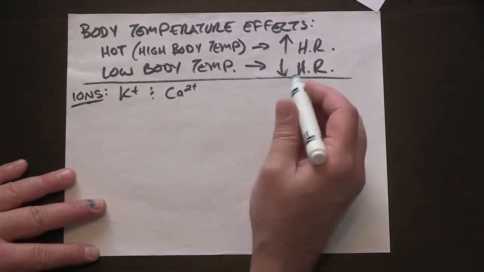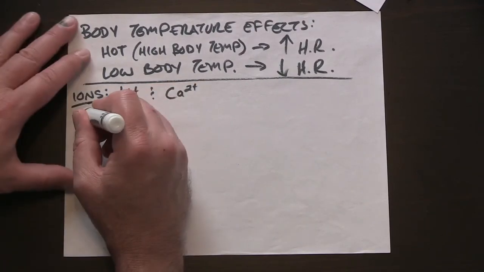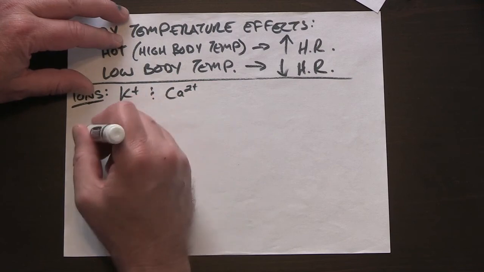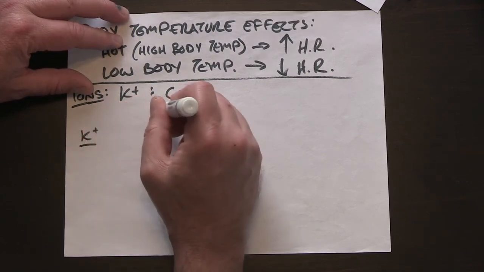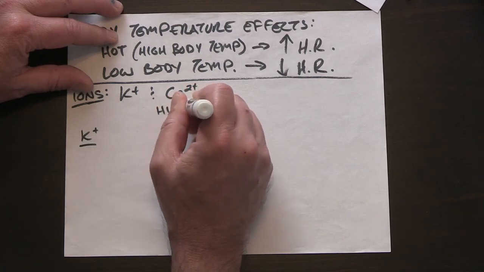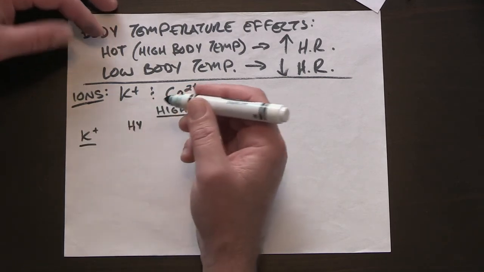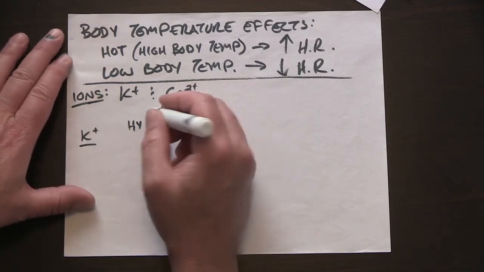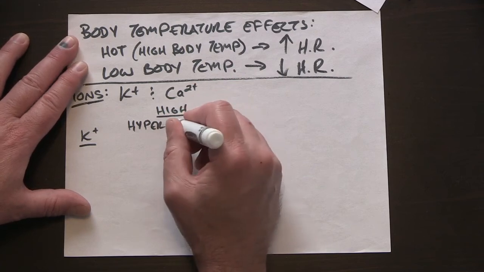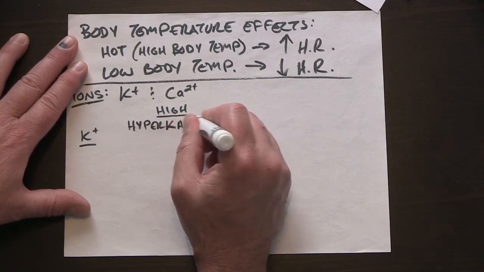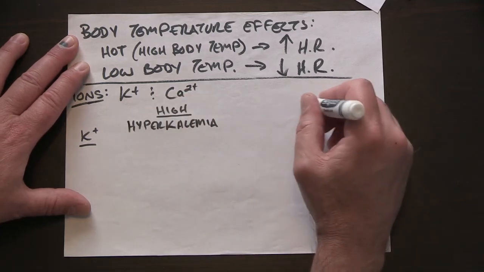So if you have high potassium, this is called hyperkalemia.